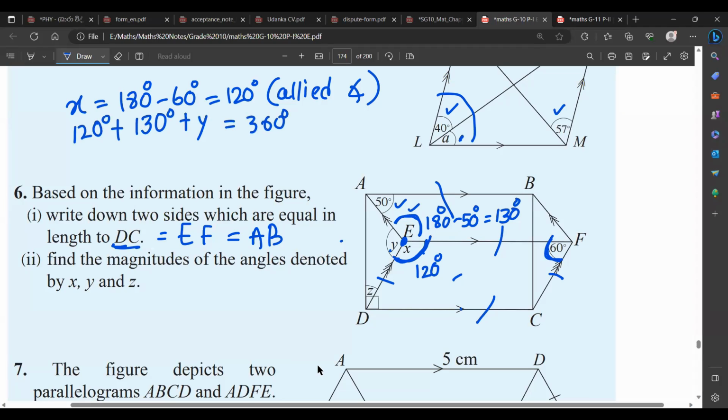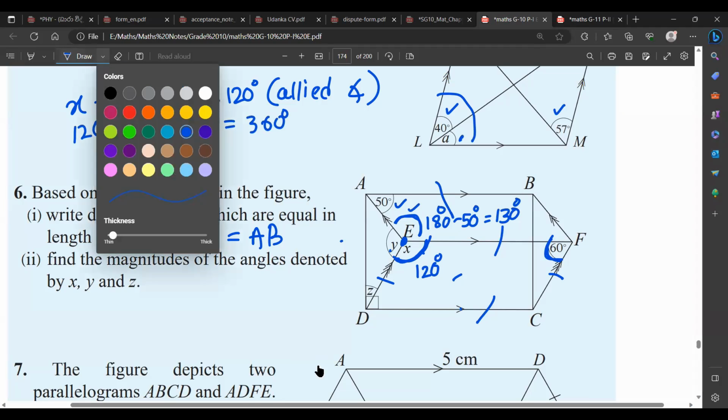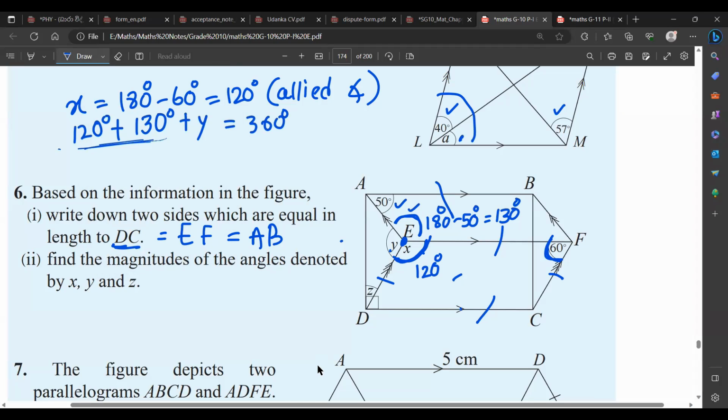So here you get the sum of these two, it is 250 plus Y equals 360. So Y equals 360 minus 250, it is 110. This one is 110, no?